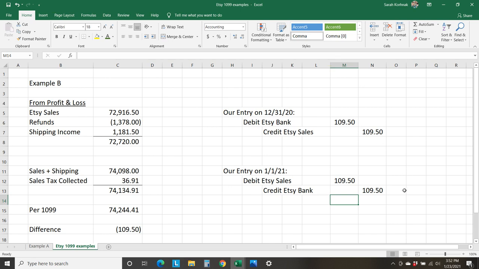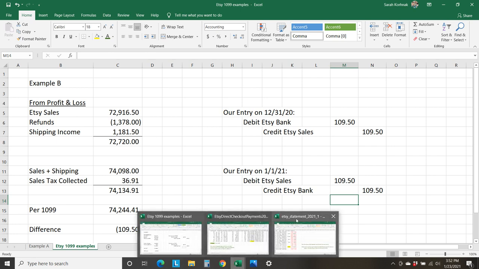And the reason why we bother with reversing it is because we're including this Etsy sale in 2020. If we don't reverse it, when we do our Etsy January 2021 entry, we're including that $109.50 in that entry too, because remember, it appeared in the statement.